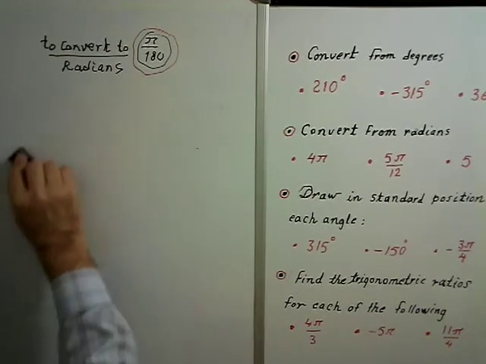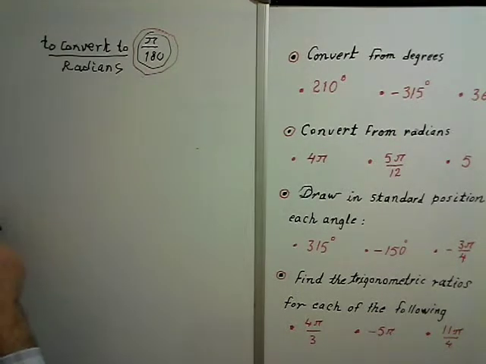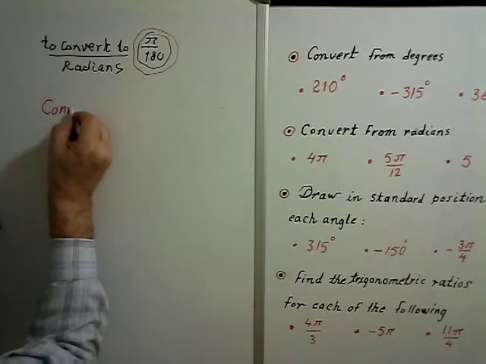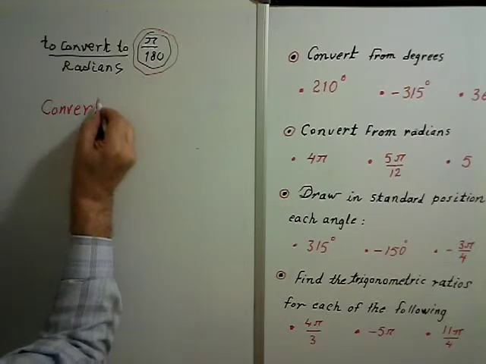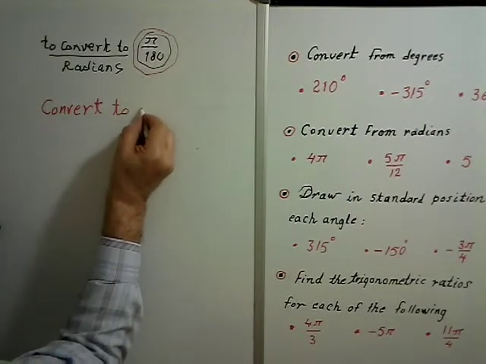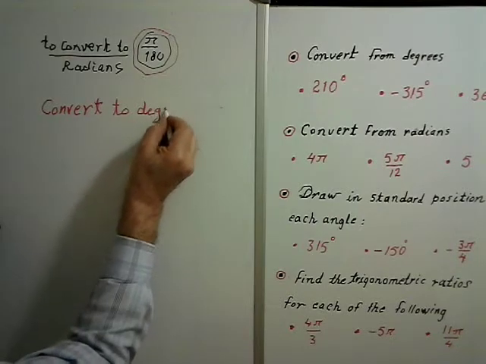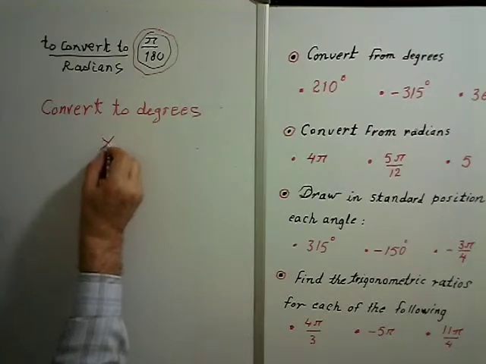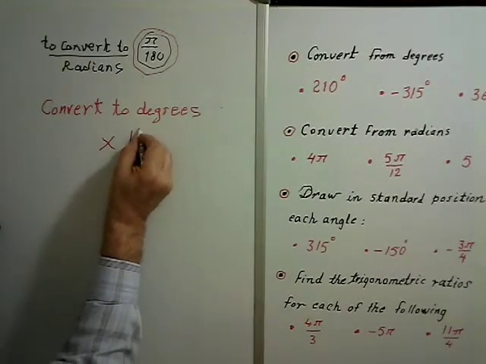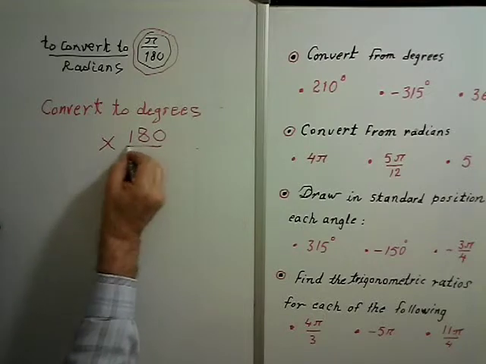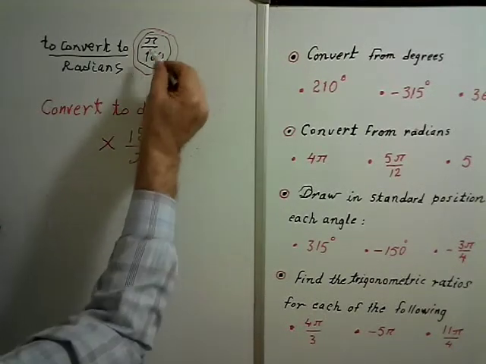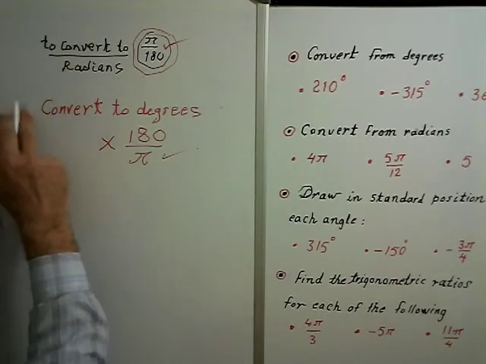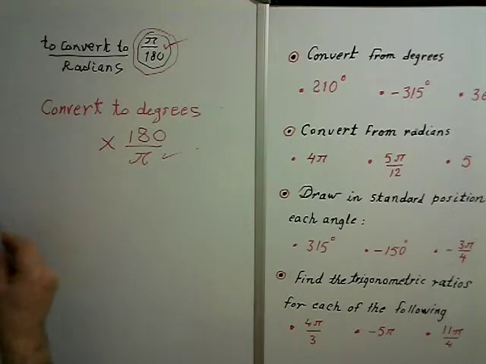To convert to degrees, just multiply by 180 over pi, which is the inverse of this ratio. So the two operations are inverse of each other.